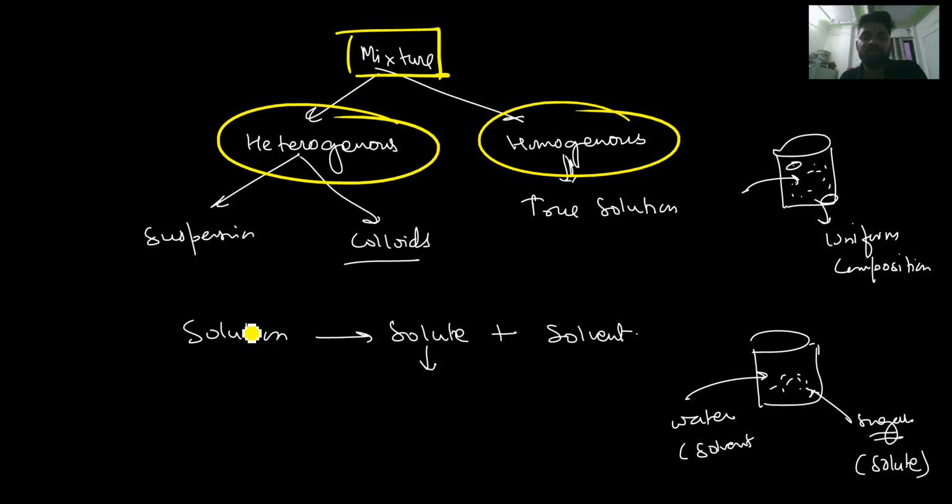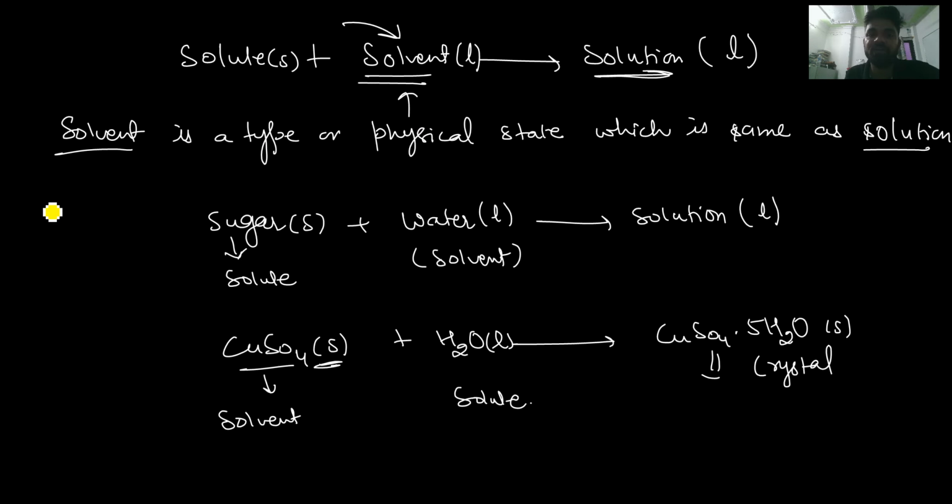Now let's talk about this one: when a solution is formed, we have some solvent and we have a solute. When solute and solvent mix together, they form a solution. But the students are going to have some confusion regarding this, so let me explain.